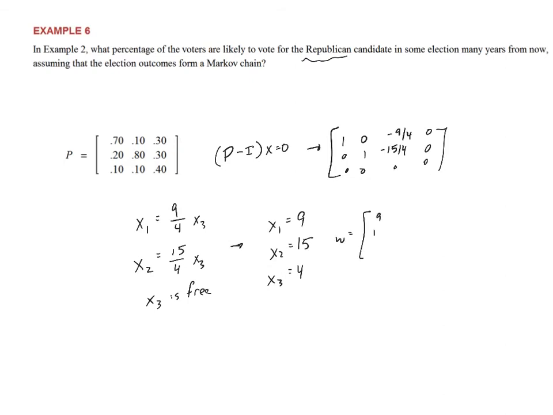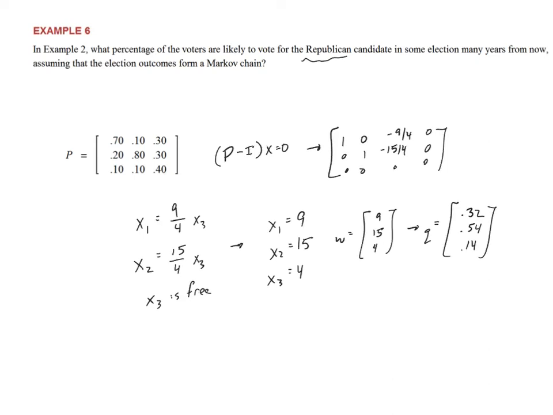We just label it with a W, 9, 15, 4. And then from there, we can produce our Q steady state vector by dividing by 9 plus 15 is 24, plus 4 is 28. And if you do that, you get 0.32, 0.54, 0.14, and that's our steady state.